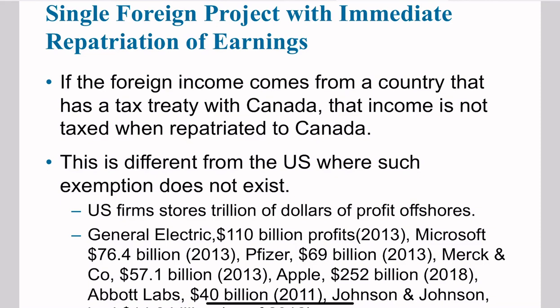So in this case, it basically means that if this Canadian firm has a subsidiary in a foreign country, and if this foreign country has tax treaty with Canada, and if this foreign country has a lower tax rate than Canada, then in this case, the Canadian firm can enjoy a lower tax rate from the foreign country.